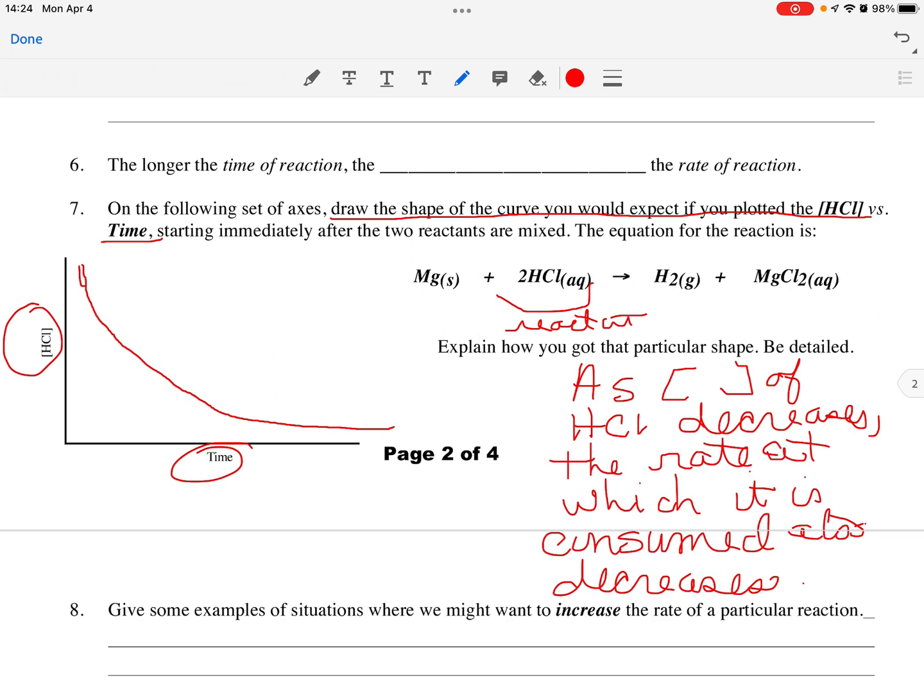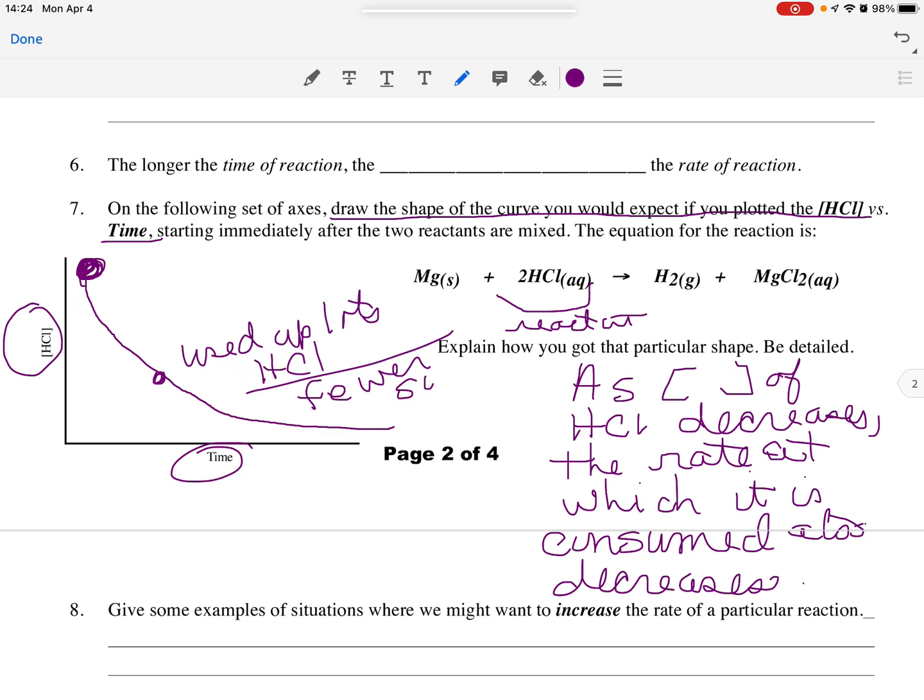The very highest concentration we have is right here. And when we get to right about here, we've used a lot of it. We've used up lots of HCl, which means it's no longer as concentrated. When it's not as concentrated, we'll have fewer successful collisions, and the reaction rates will slow way down.